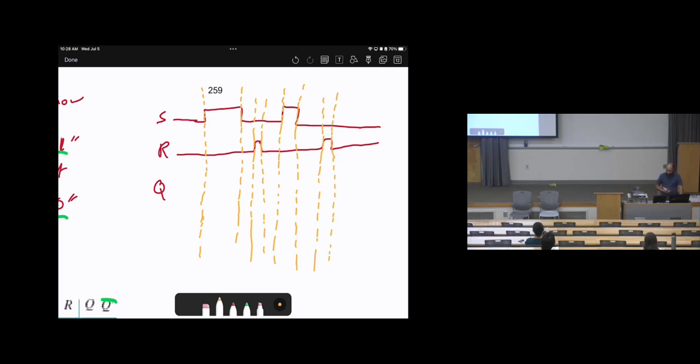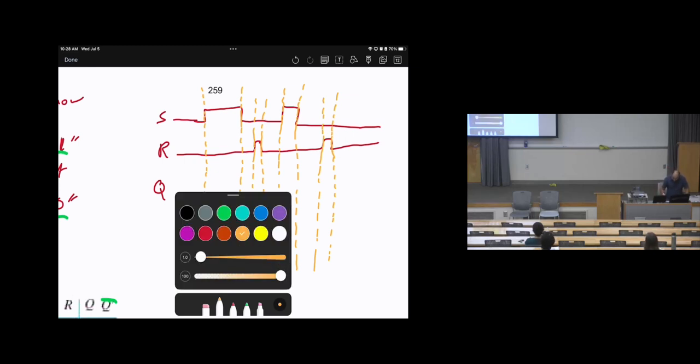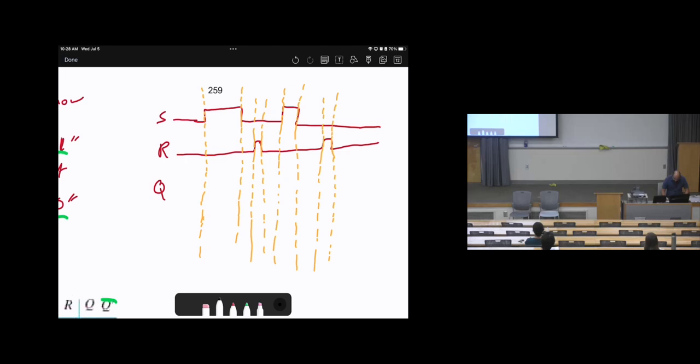Okay? Then try to put values on each one. So the values of this one, for example, this is 0, 0, here is 1, 0, 0, 0, 0, 1, 0, 0, 1, 0, 0, 0, 0, 1, 0, 0. Okay?